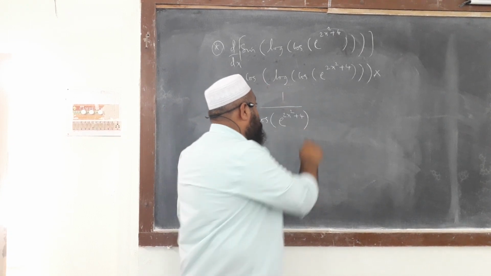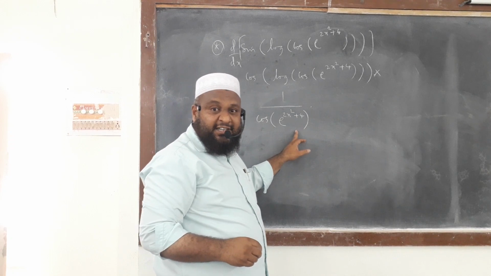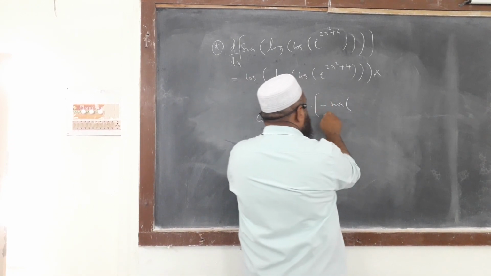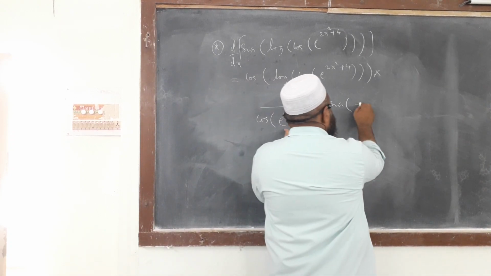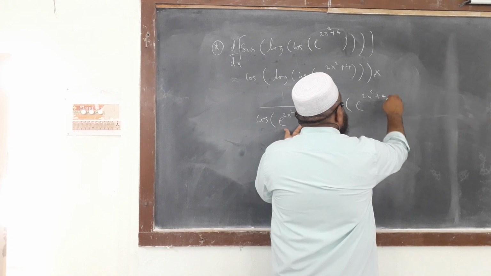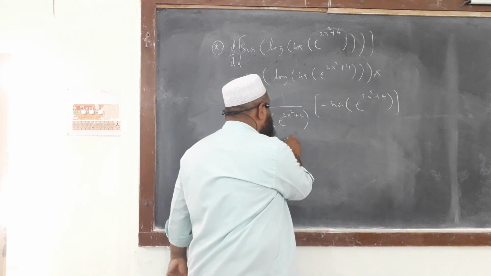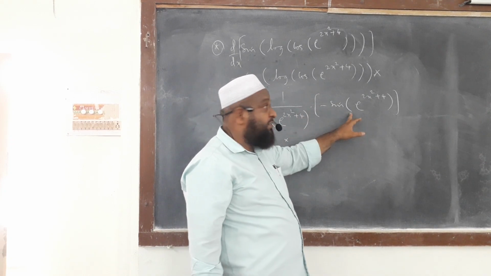Now into. We need to handle cos of this one. That becomes minus sine. So minus sine of e to the power of 2x square plus 4. Finished. Into. Again, into.